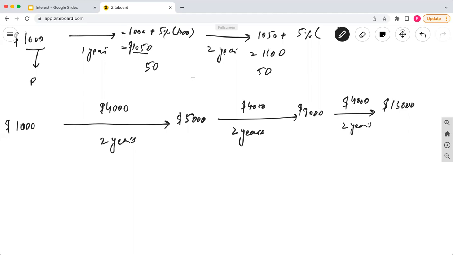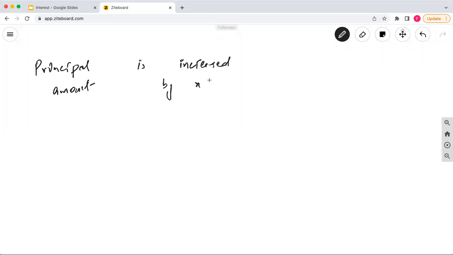Yes. Okay. So let's see another aspect of simple interest. The next concept is this: if I say the principal amount is increased by X times, this is one thing.